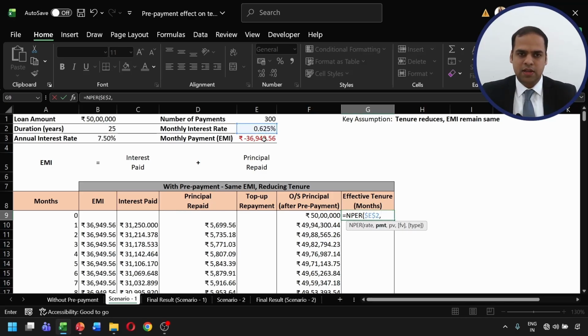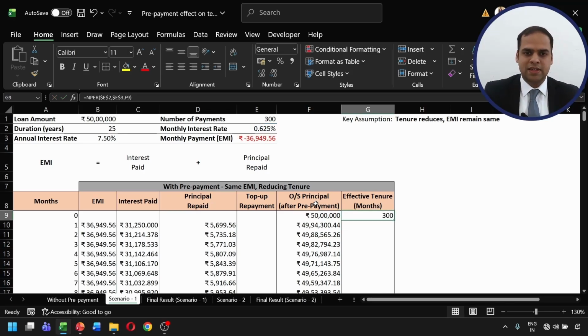PMT is the payment which we will be doing. So the payment remains the same, as scenario 1 says that EMI remains the same but the tenure reduces. I freeze this cell, and the loan amount is 50 lakh rupees. So 50 lakh rupees is our outstanding loan at month 0.